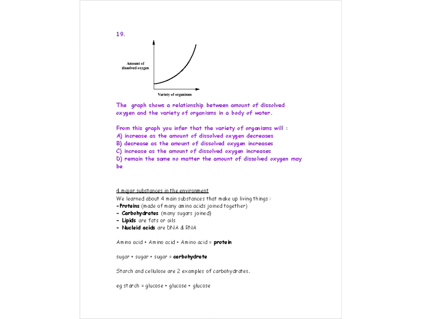This graph here is showing a relationship between the amount of dissolved oxygen and the variety of organisms in a body of water. From this graph, you infer that the variety of organisms will, do you think the variety is going to increase as the amount of dissolved oxygen decreases? Or do you think the variety will decrease as the amount of oxygen increases?